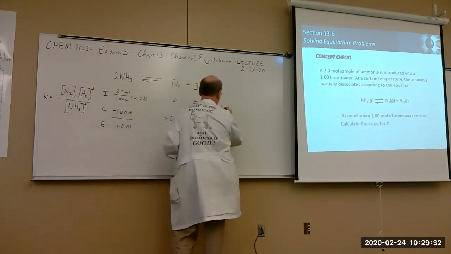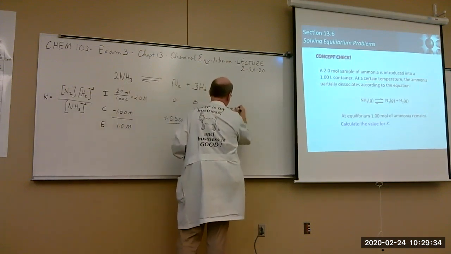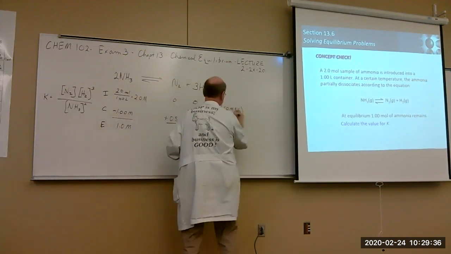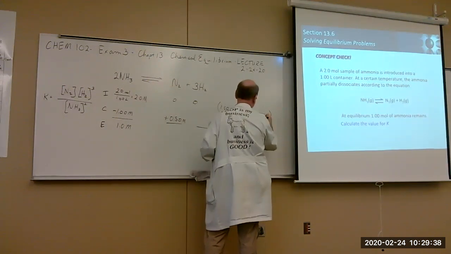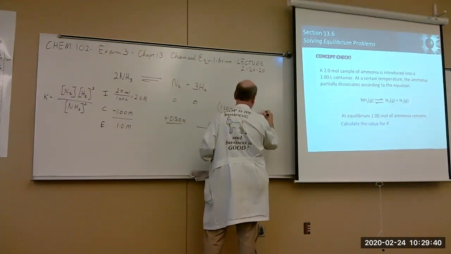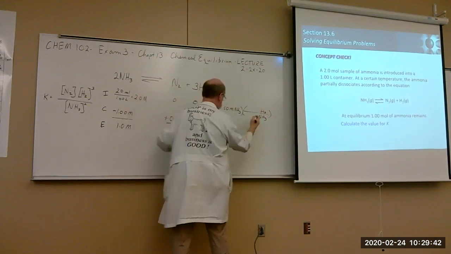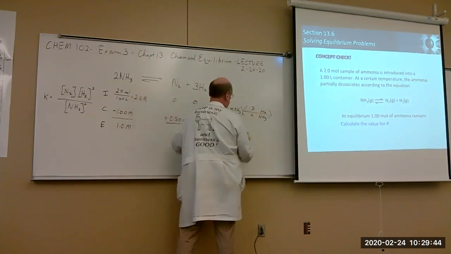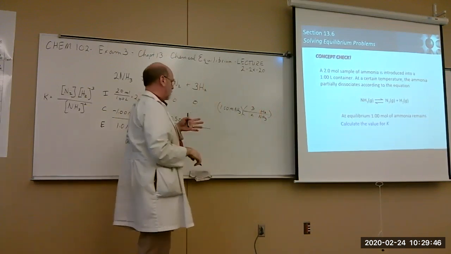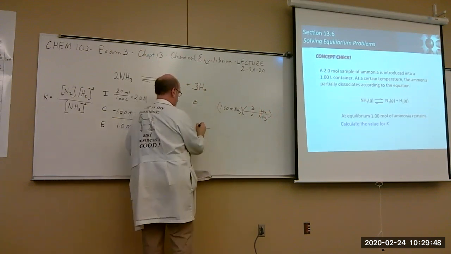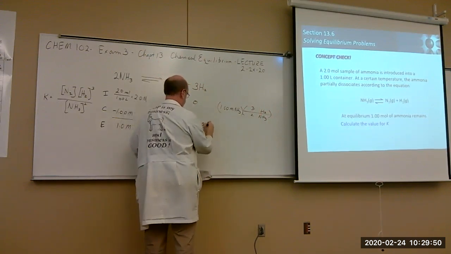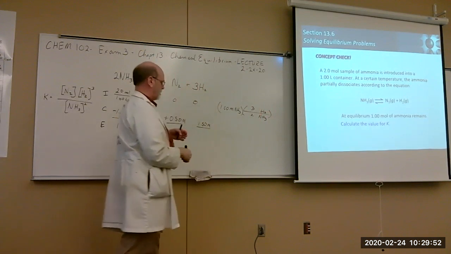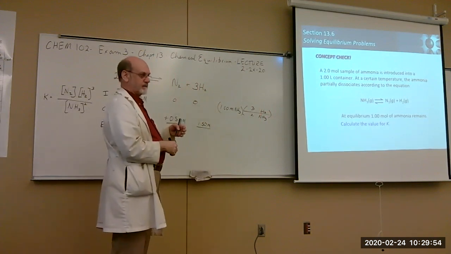So we got 0.5 like that. Hydrogen, coefficient here 2, 3. So it's 3 halves, or 1.5. Everybody see that?